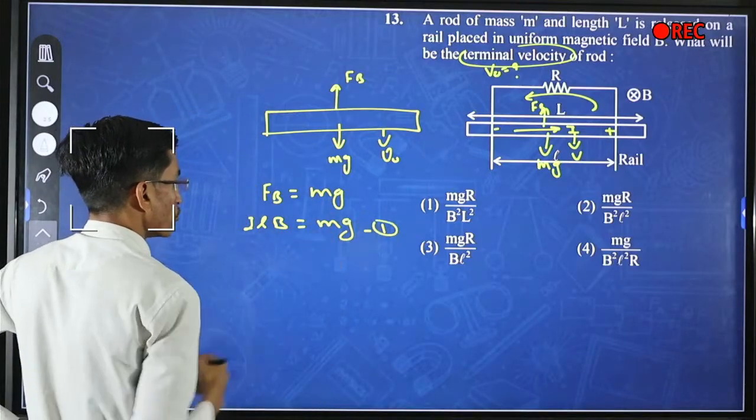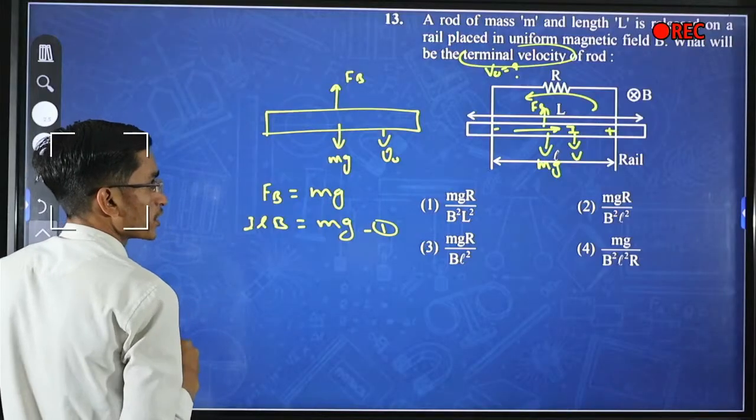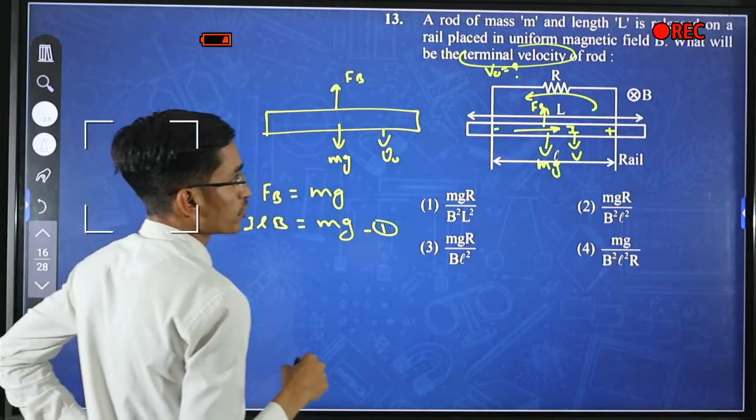Now we have to find the current I. For current I, we have to find the EMF produced at these two ends, and the EMF is considered as motional EMF. So motional EMF E is equal to VBL. Further, EMF can be written as I into R. So V naught B into L is equal to IR, so V naught is equal to IR upon BL.